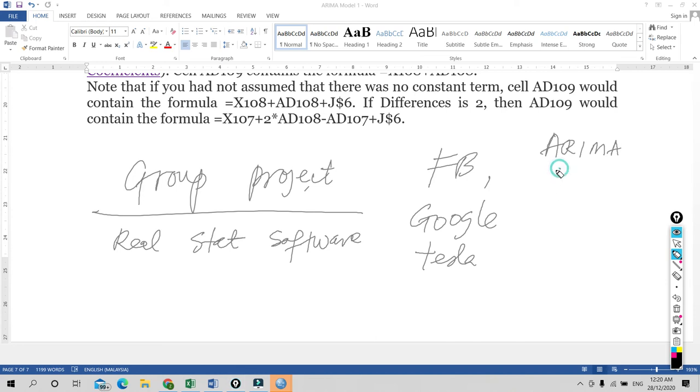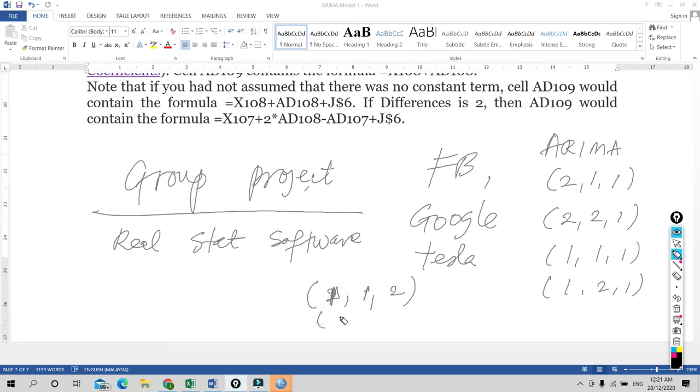Let's say, for example, you test 2,1,1. Maybe you can test 2,2,1, or 1,1,1, or 1,2,1, or you can test a few more: 1,1,2, or 2,1,2, for example, and also 2,2,2.